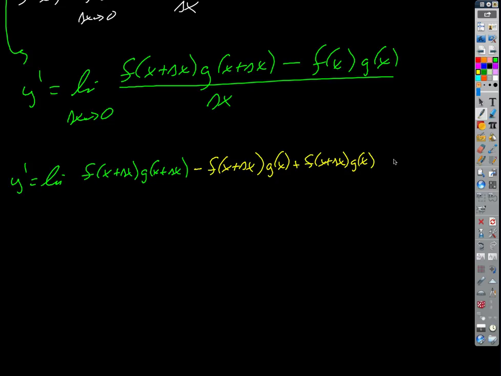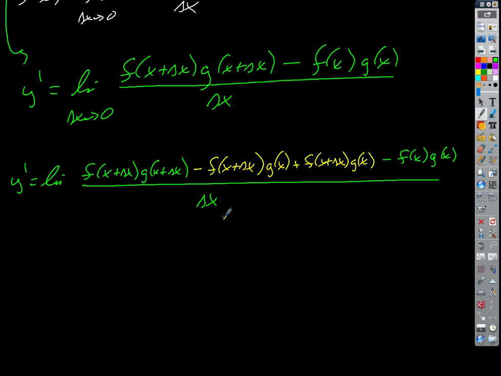And then at the end, I've got my minus f of x, g of x. Okay, everybody agree that adds to 0? Because 0 is the identity number for addition, I haven't changed the expression. It still has the same value as before when I add 0 to it, right?